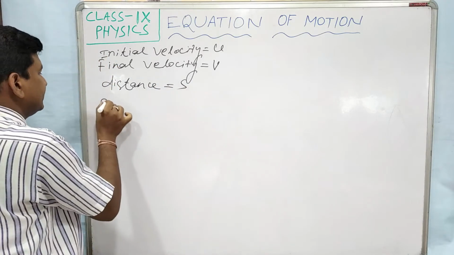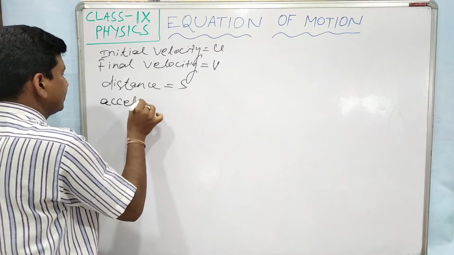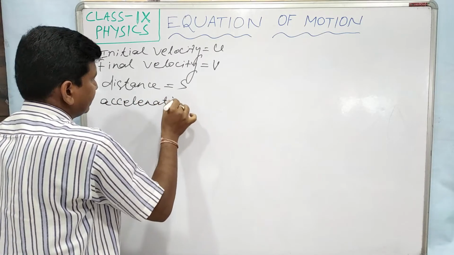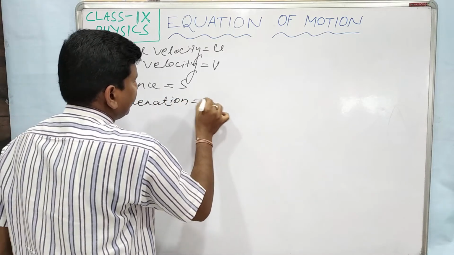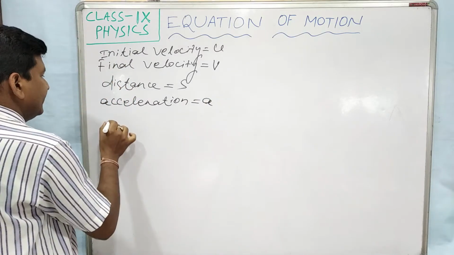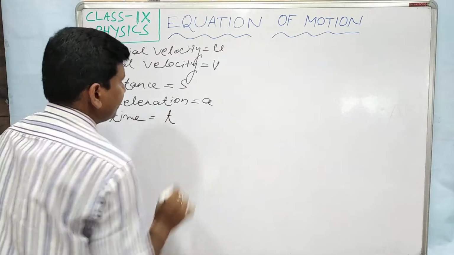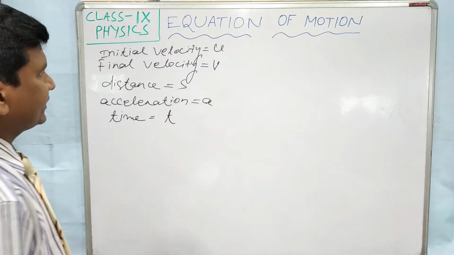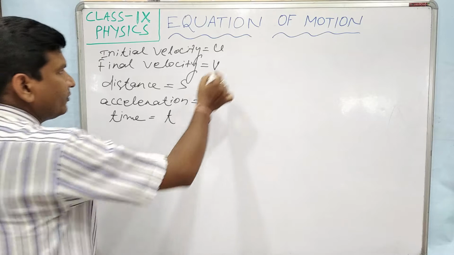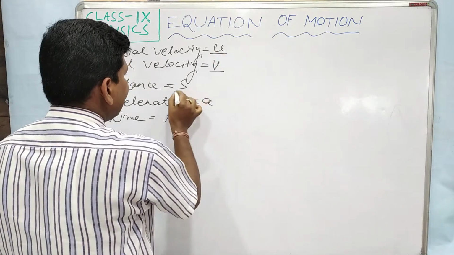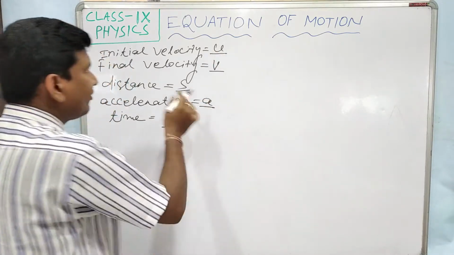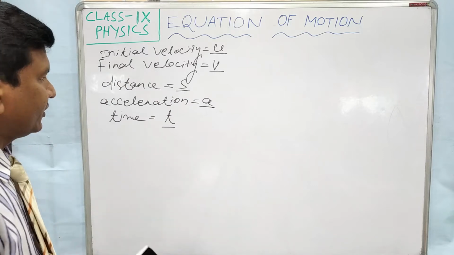Then acceleration is denoted by the symbol a, and time is denoted by the symbol t. Now in this chapter we see how this u, v, s, a, t all are related to each other.